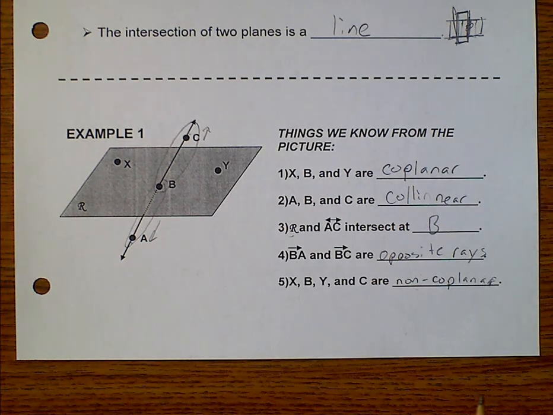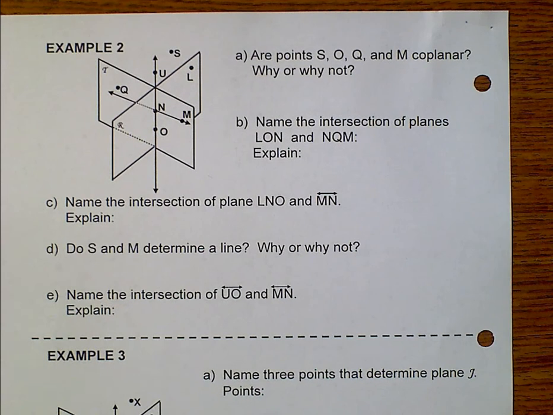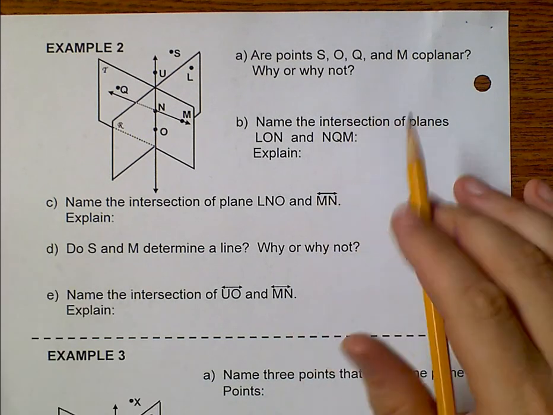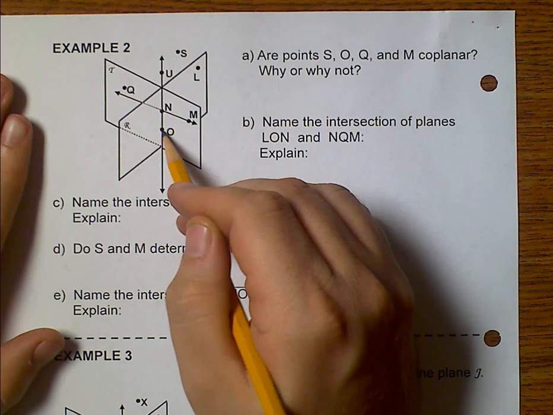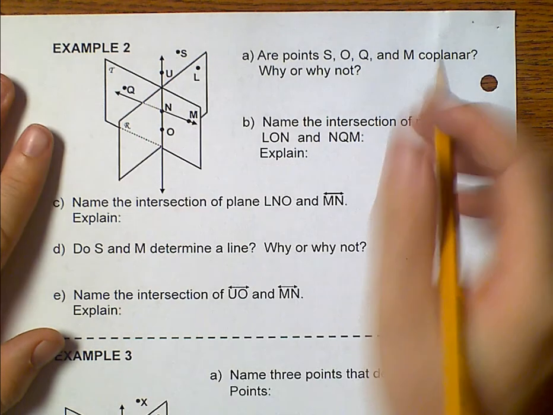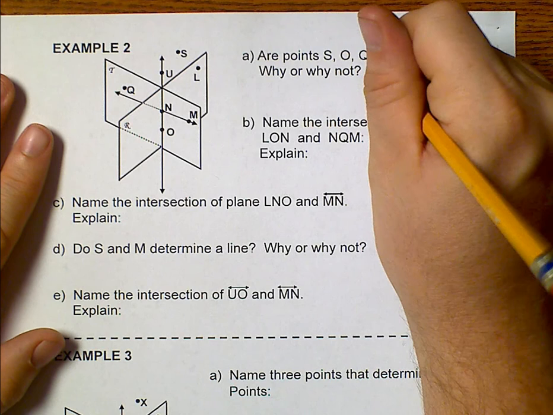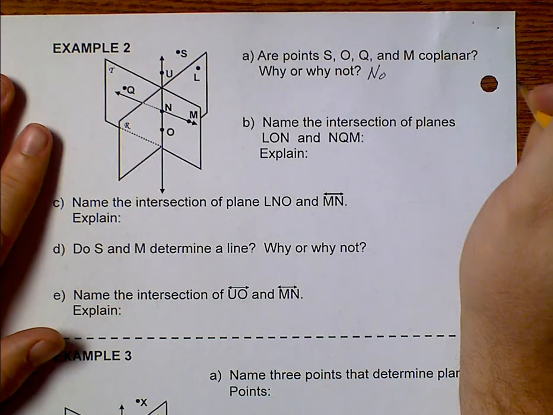Let's go ahead and go to the back. So example number 2. Are S, O, Q, and M coplanar? S, O, Q, and M. No. All right.